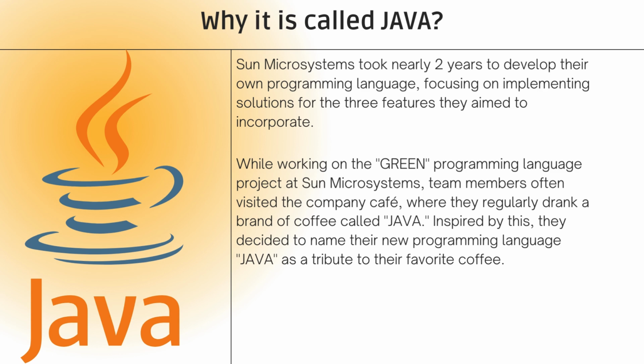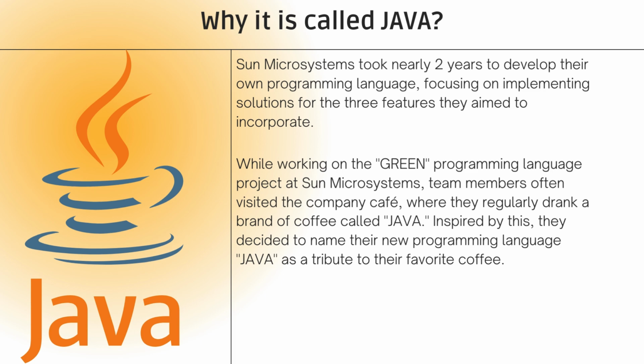But Sun Microsystems rejected that name because Oak was already an existing programming language at that time. Meanwhile, while preparing the new programming language, the Green Project people used to go to the cafe at Sun Microsystems. They used to take one brand of coffee, and the name of the coffee was Java.